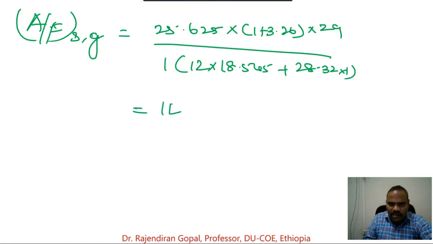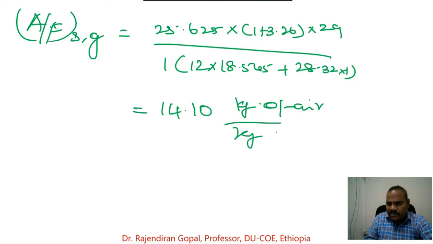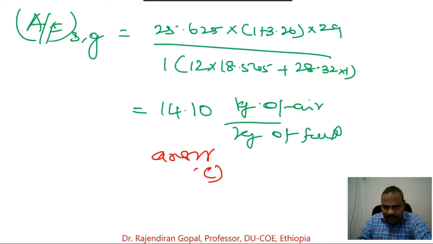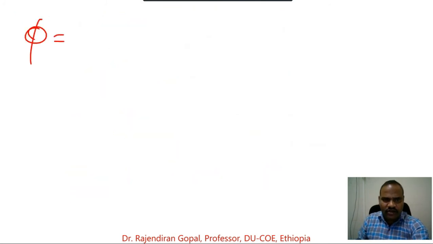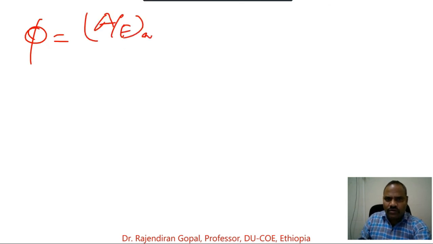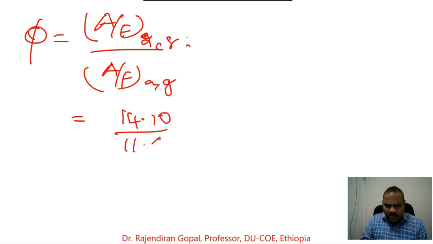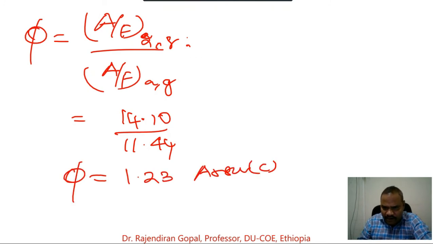We get 14.10 kg of air per kg of fuel. First part of answer C. Then the equivalence ratio phi is defined as the stoichiometric air fuel ratio over the actual air fuel ratio, that is equal to 14.10 divided by 11.44, which is equal to 1.23. This is the second part of answer C.